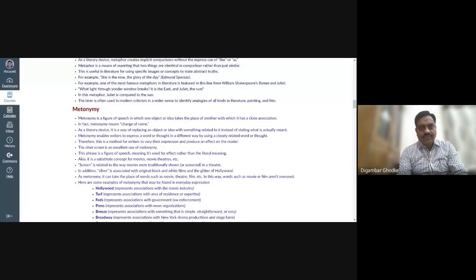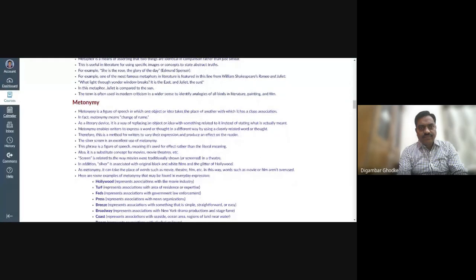Okay. Having discussed metaphors, of course, metaphor is a very wide term. I suggest you get more information about metaphor by referring to M.H. Abrams' Glossary of Literary Terms, wherein he talks about different types of metaphors.